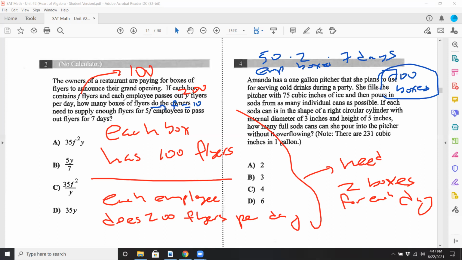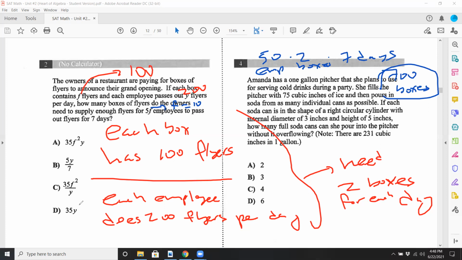I kind of like, actually, no, wait, is that right? 50 times 2. Hold on a sec. 10, 7, 2 boxes, 100, 700, yeah.